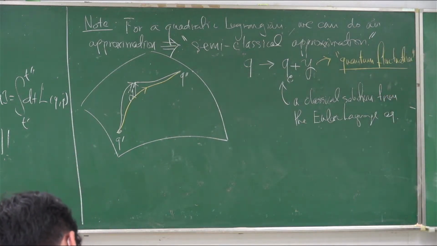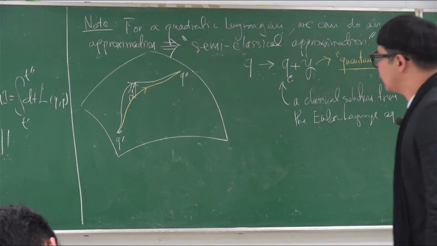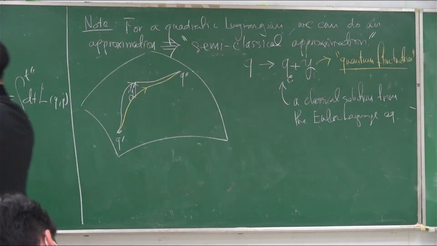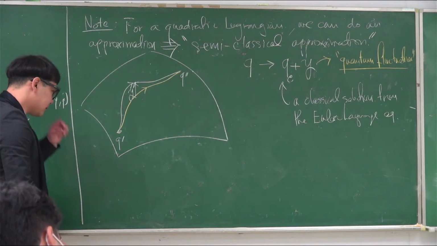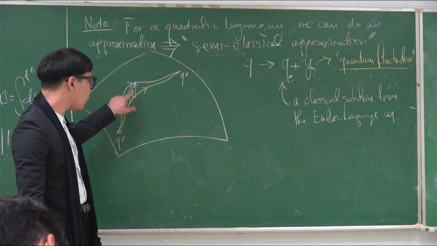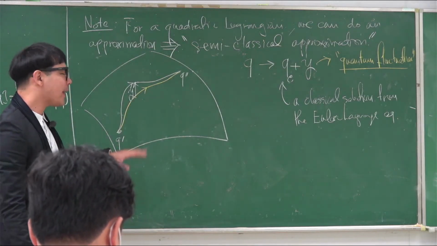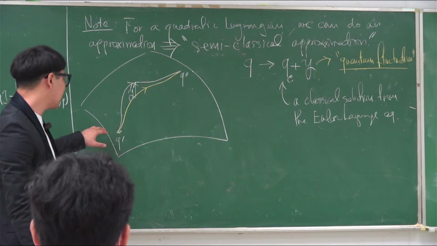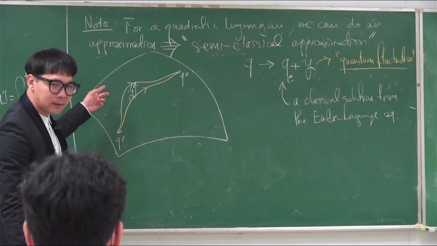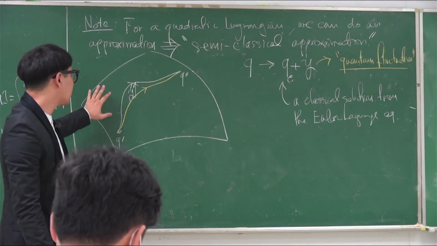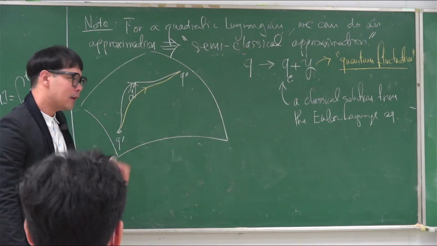And so the question is why we need to consider only the paths close to the classical path. As I explained in the last class, the paths far away from the classical path do not contribute to the approximation.